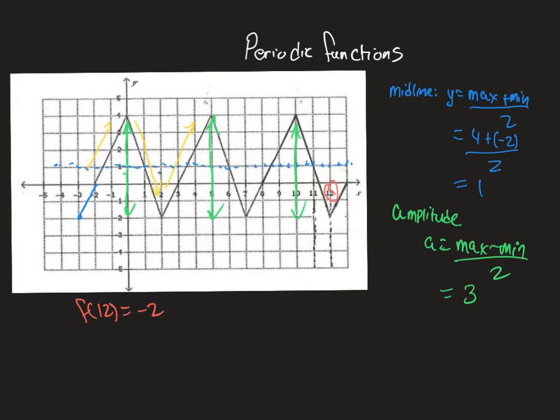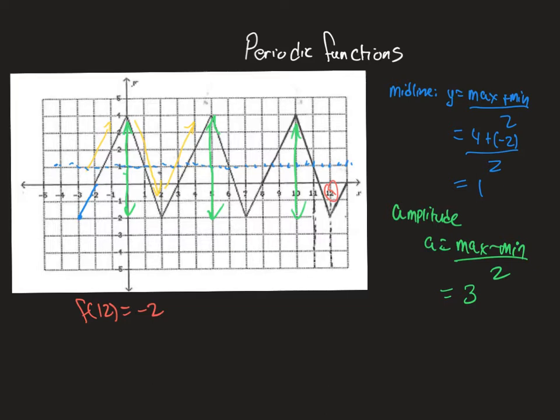So let's take a look at our graph and our pattern. 12 is just a multiple of 3. It's also a multiple of 4. But how does that really help me? Each time I have a maximum, it happens at 0, 5, 10. So my maximums happen in multiples of 5.